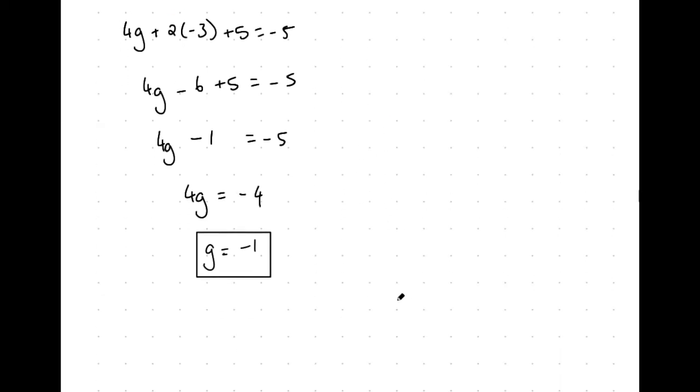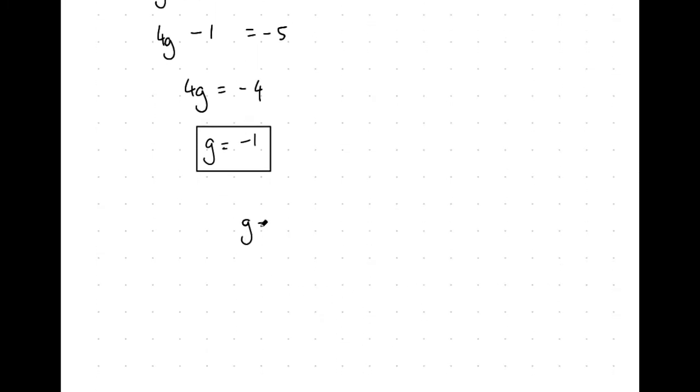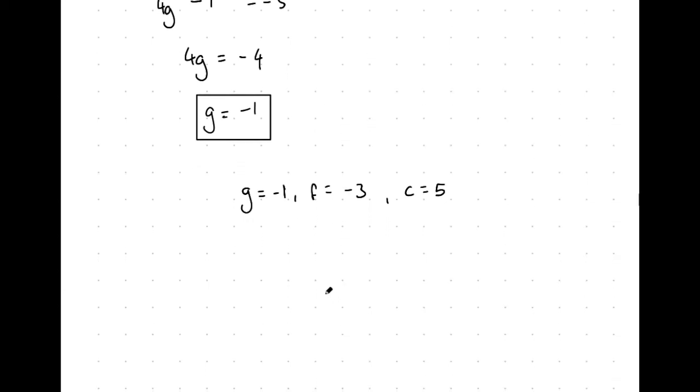So what we can do with it is write them out for ourselves. So we can write g is equal to minus 1, f is equal to minus 3, and then c was equal to 5. And we can then substitute that back into the original equation, which was x squared plus y squared plus 2gx plus 2fy plus c is equal to 0.